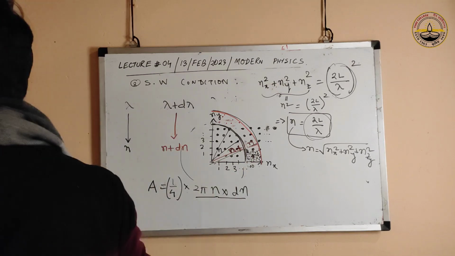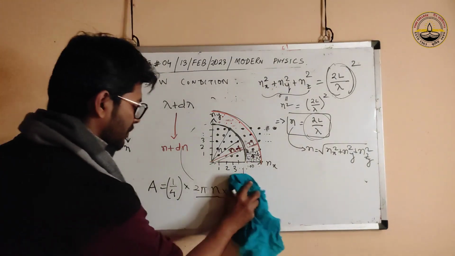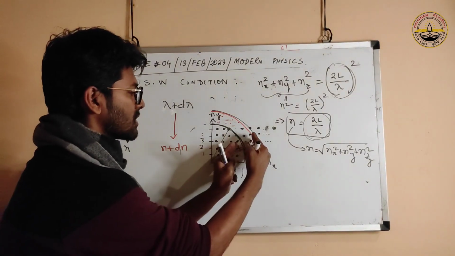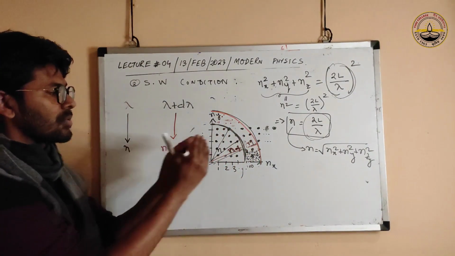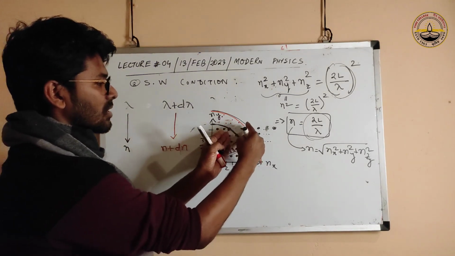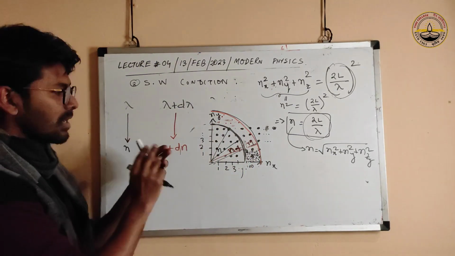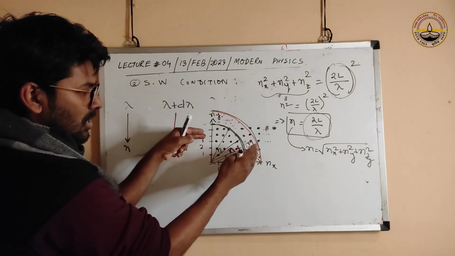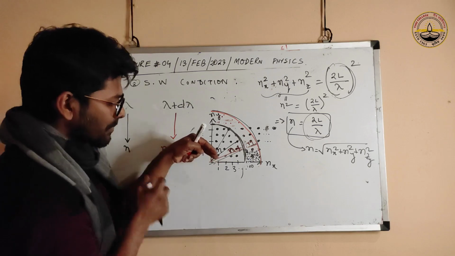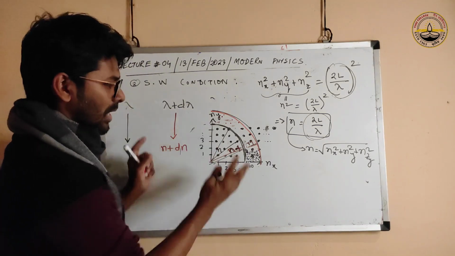If we move now to the real case of our three-dimensional cavity, then this circle moves out like that, becoming a sphere. So then we have this spherical shell confined to this particular octant. There will be 4 quadrants up, 4 quadrants down, so a total of 8.